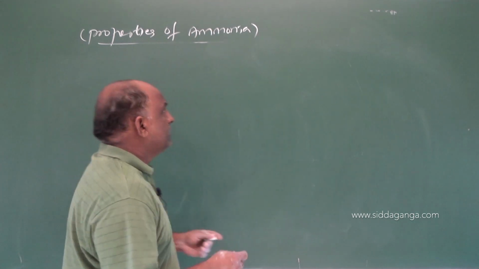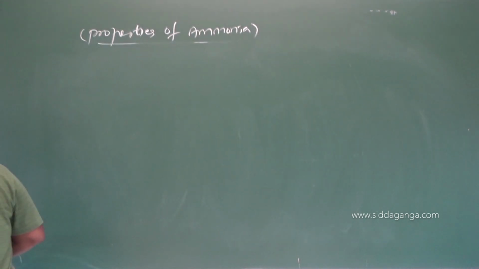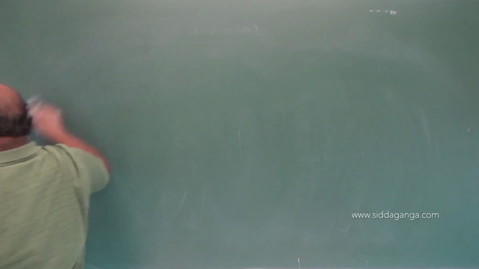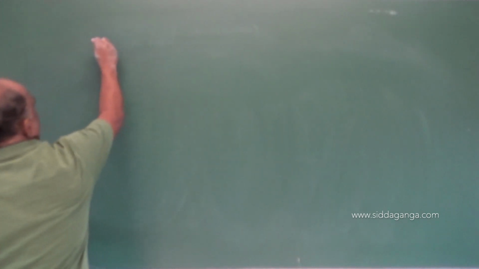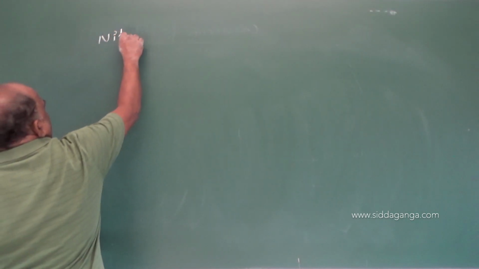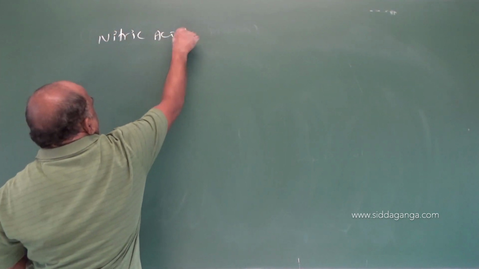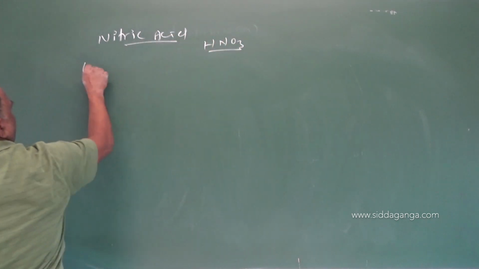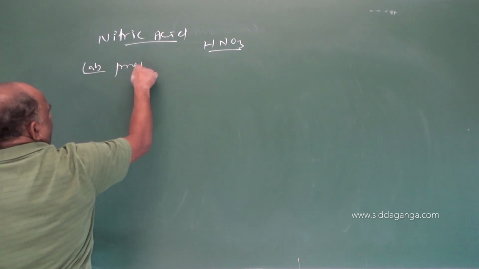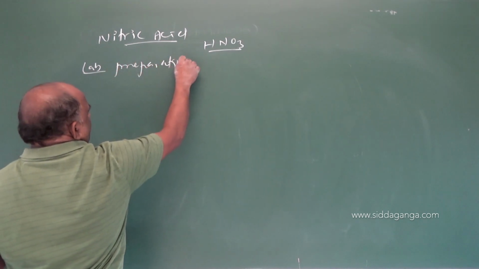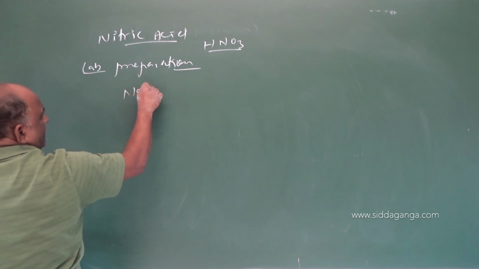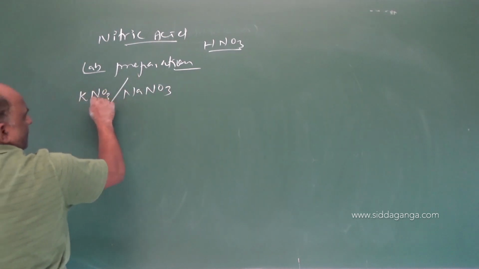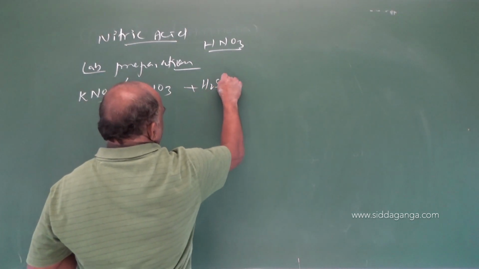So next one is nitric acid. The molecular formula is HNO3. Laboratory preparation is simple: NaNO3 or KNO3 treated with sulfuric acid.